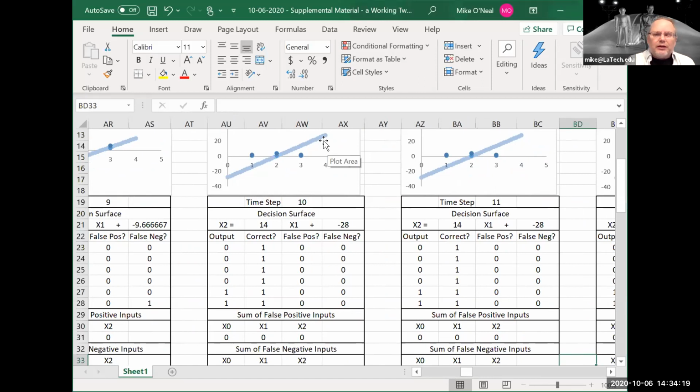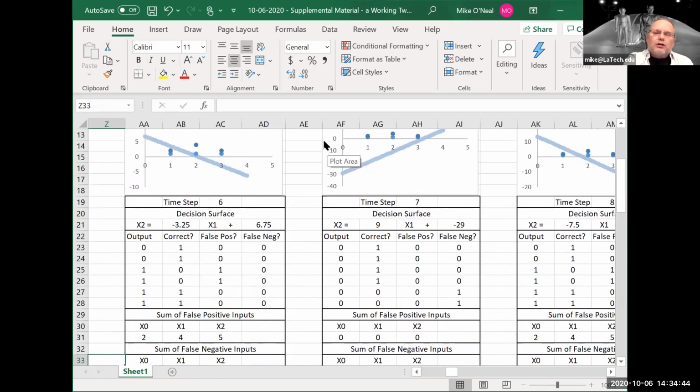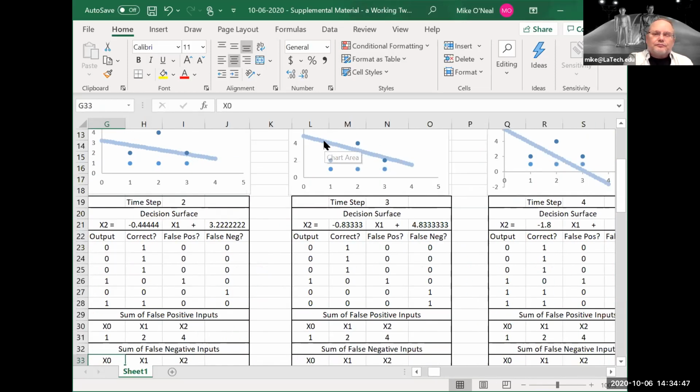It shifted a little bit, but it's still a line that separates the 4 points in class 0 from the 2 points in class 1. Okay, so it still worked. It gave you a decision surface that is oriented slightly differently, but it still separates the two classes.